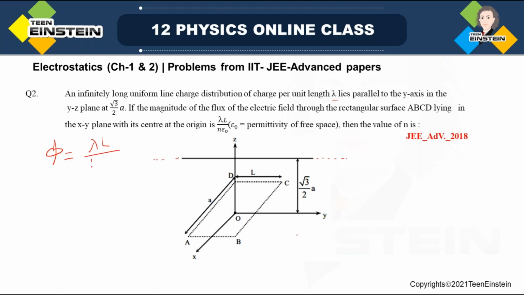The flux is given as lambda L by N epsilon naught. Lambda is the charge density, as you know. L is the length, sorry, breadth of this surface, and N is the unknown number we have to find out here, and epsilon naught is the electric permittivity of free space.